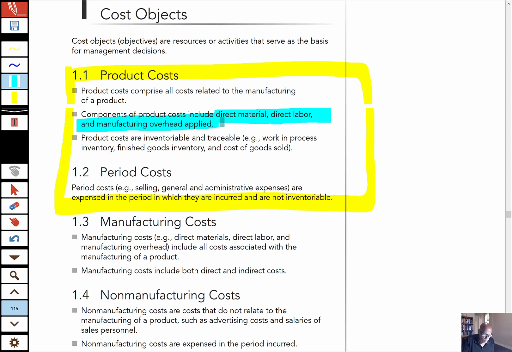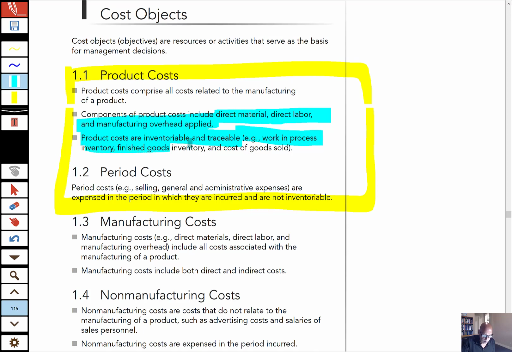So product costs, direct materials, direct labor, manufacturing overhead, are inventoriable and traceable. That's really telling you that our product costs are going to be traceable, or at least applied to the product.